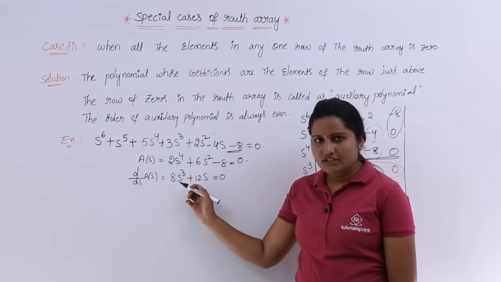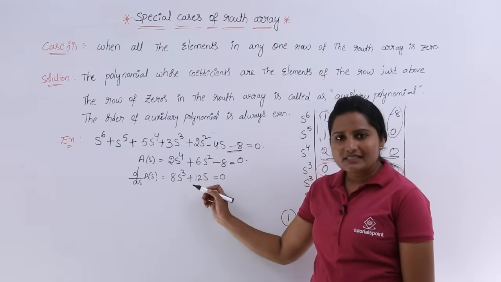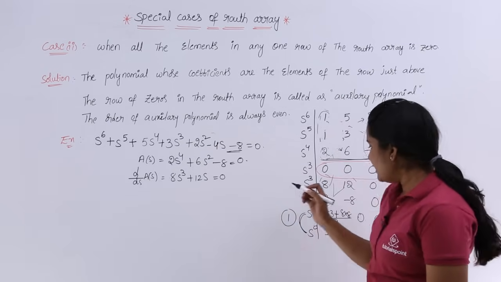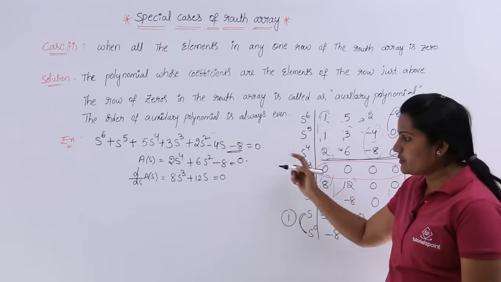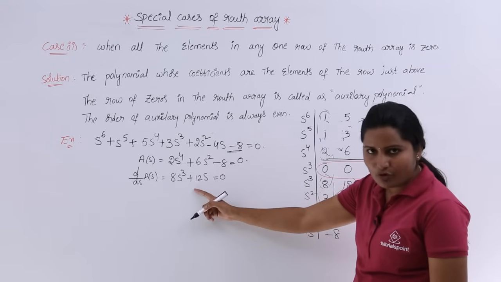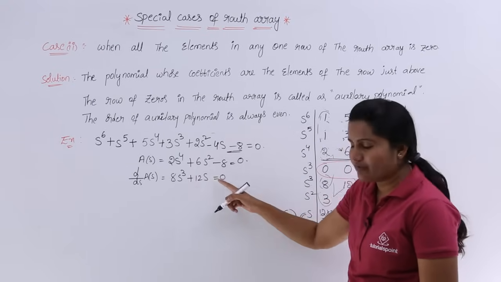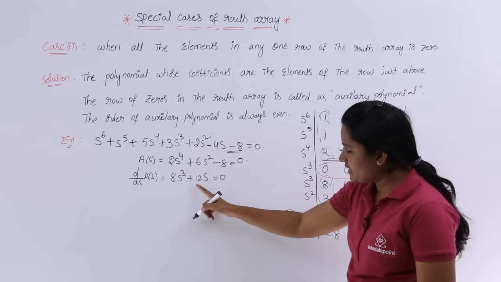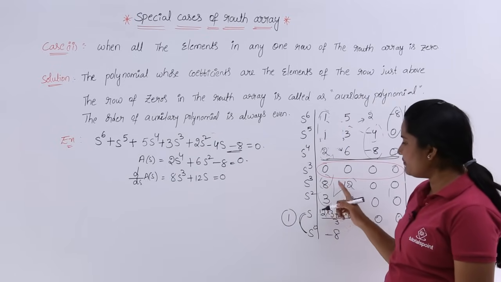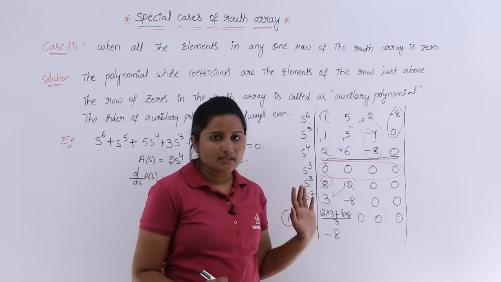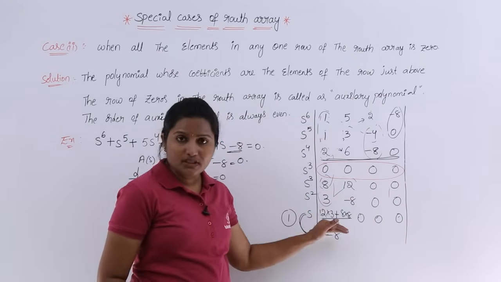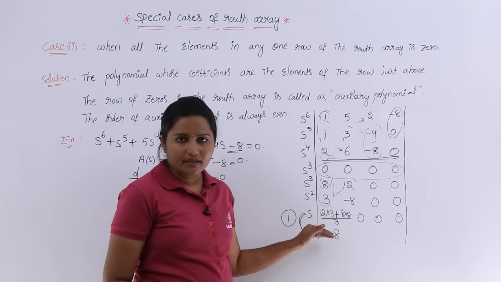After differentiation, the coefficients of this differentiated equation we are going to place in the zeros place. That means here 8 and 12 we are replacing in place of zeros, and the remaining values we will put as it is, and we will do the normal Routh array criteria.